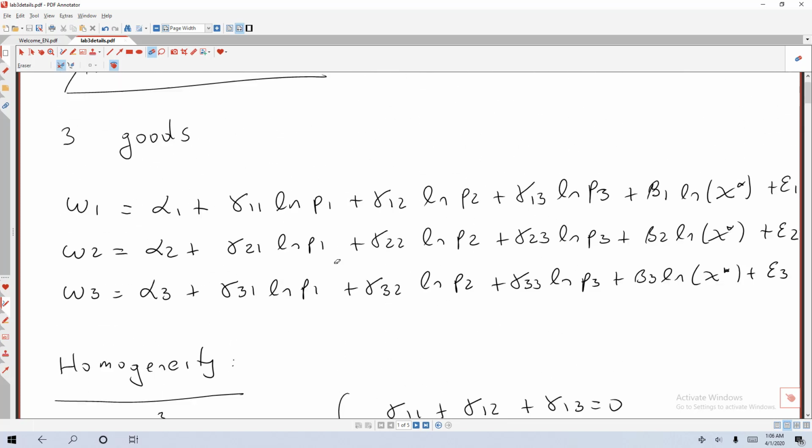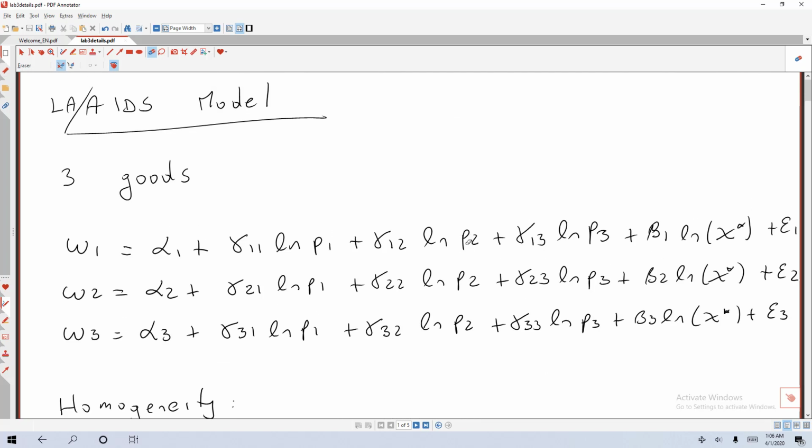The symmetry restriction has to do with the effects of prices. So, for example, the effect of price 2 in equation 1, on the share of product 1, has to be equal to the coefficient of the price of the first good in the second equation. Okay, so that's what the symmetry restriction implies.